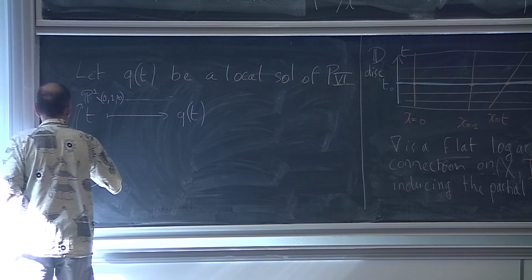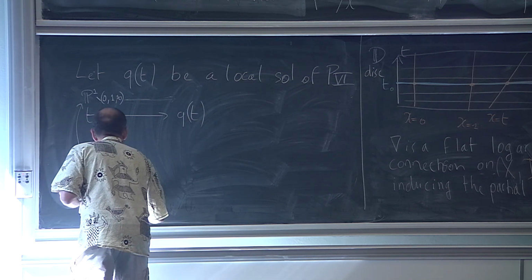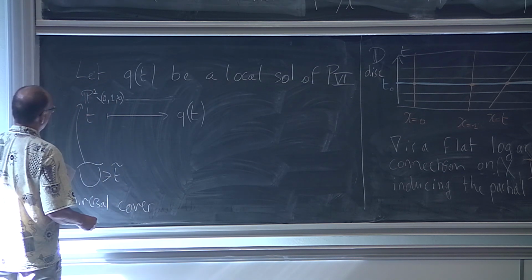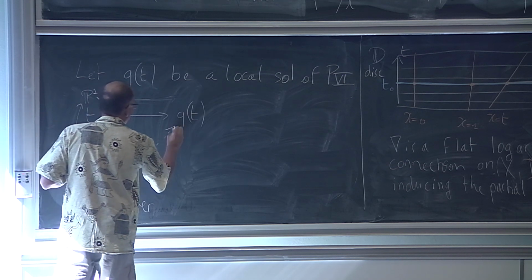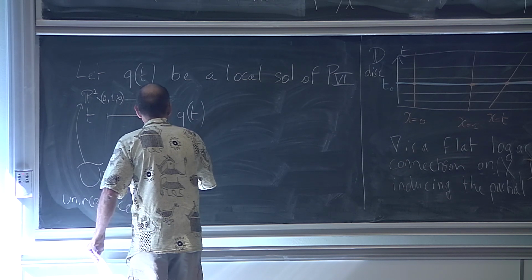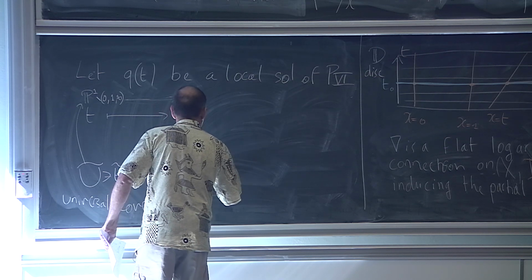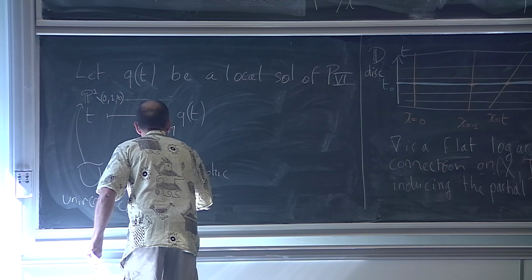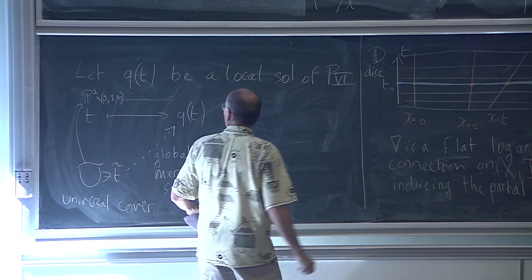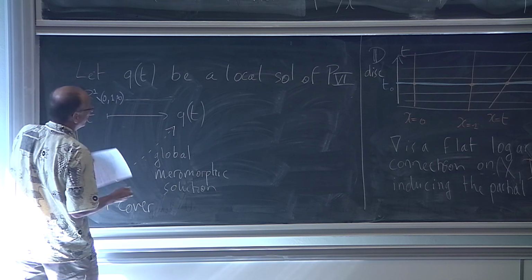So U tilde, universal cover, with here a variable t tilde. And what I claim is that you can extend it as a global meromorphic solution on the universal cover. So this means that the essential singular points are concentrated in 0, 1, and infinity.